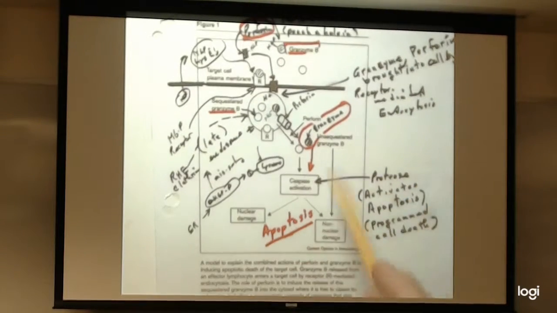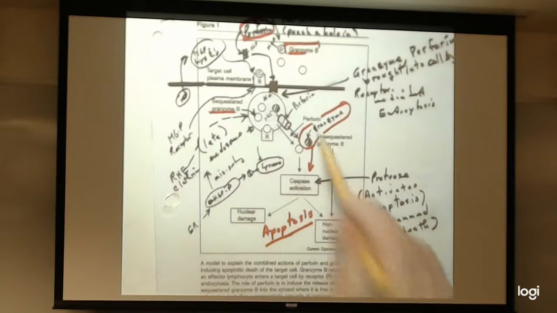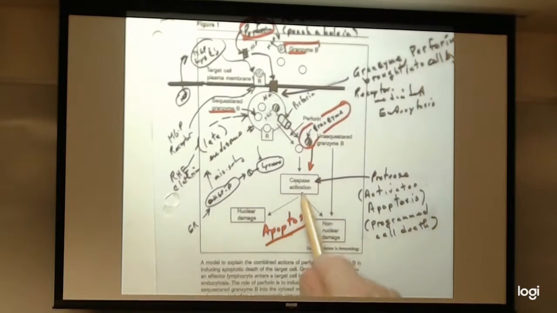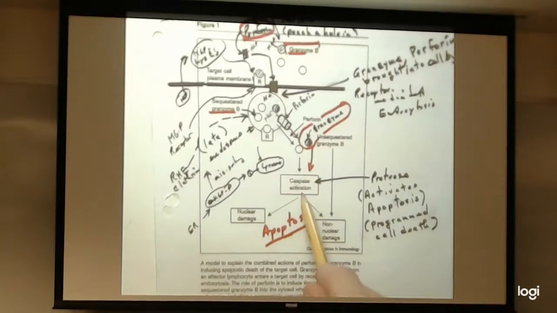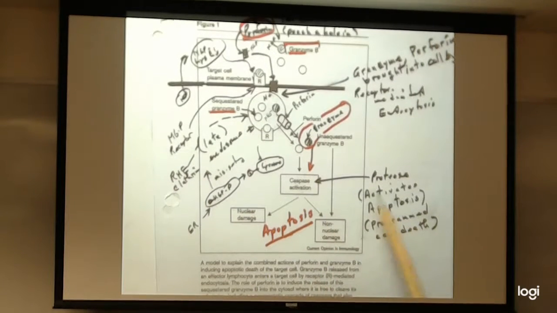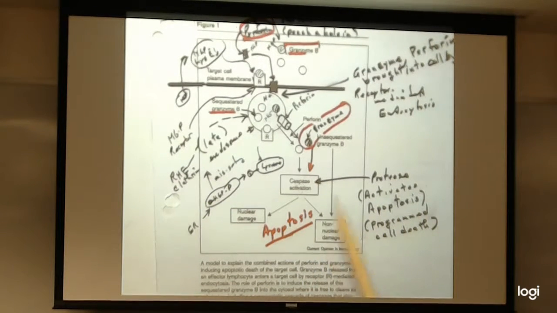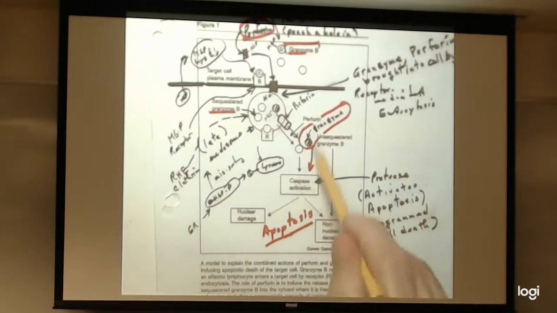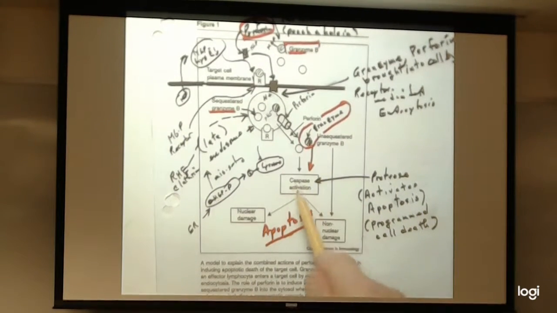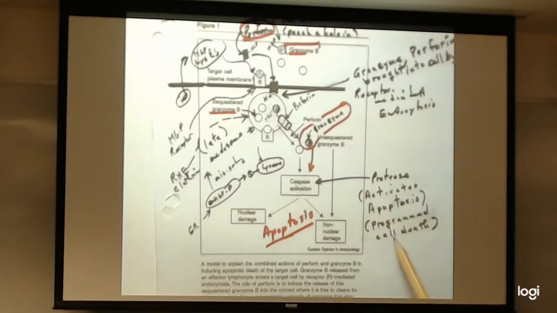Okay, so granzymes will cleave a particular caspase, a kind of apex caspase here. And in this picture here, we activate the caspase that's going to lead to, let's say, cleavage of DNA or something like this. So one or another caspase, all of which can be activated by granzymes, will initiate the various subroutines of the caspase programmed cell death pathway.